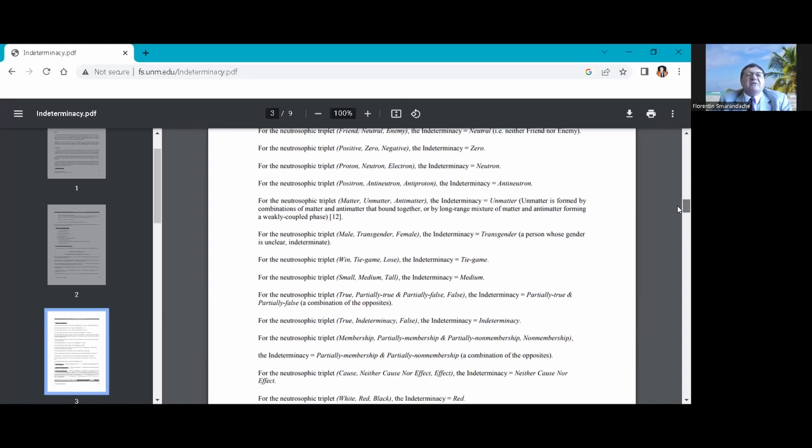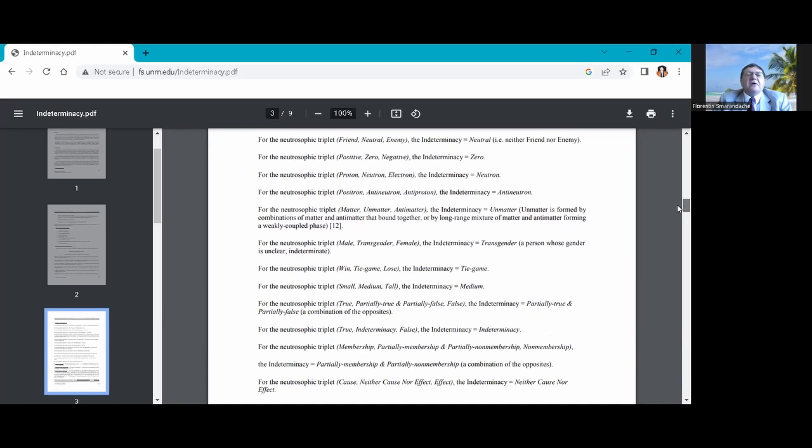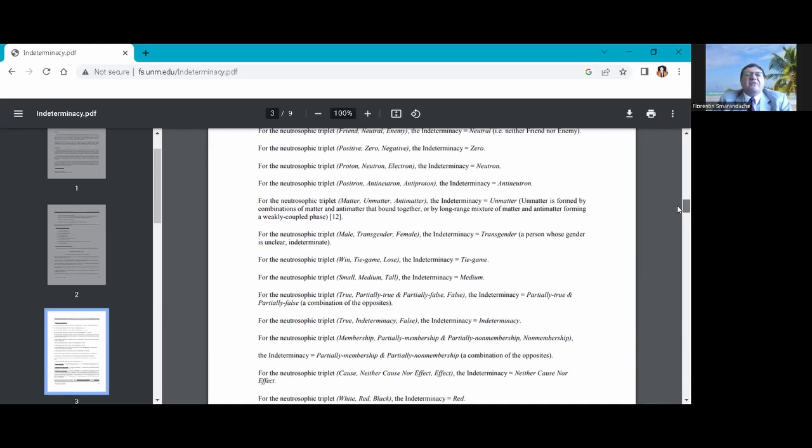We have such kind of indeterminacy also in physics. For example, we have proton, neutron, electron, or we have positive particle, neutral particle, negative particle.